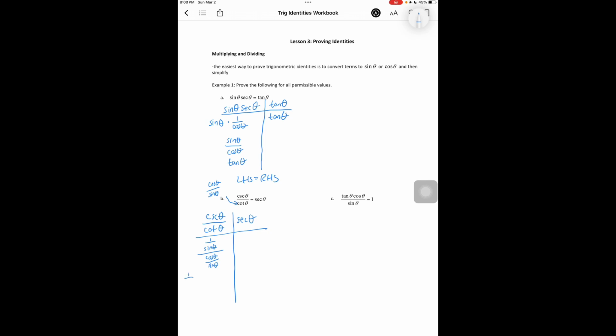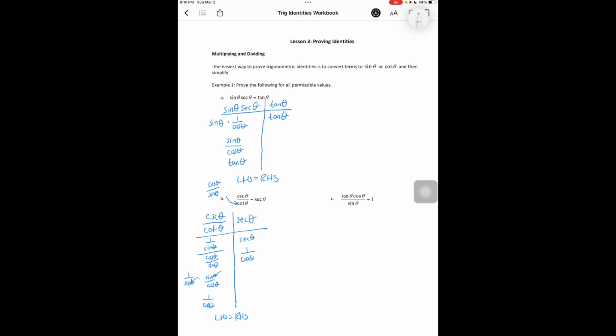So now if we were to simplify this, it's going to be 1 over sine theta times sine theta over cos theta. And then we see that the sines cancel, and now you're left with 1 over cos theta. And then here, secant theta is the same thing as 1 over cos theta, and we see left hand side equals right hand side. And that's it for letter B.